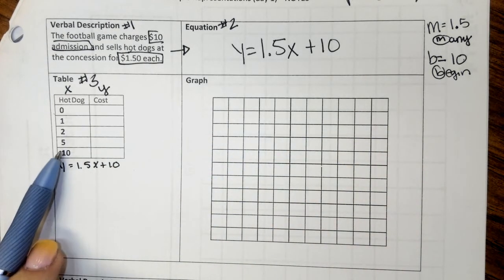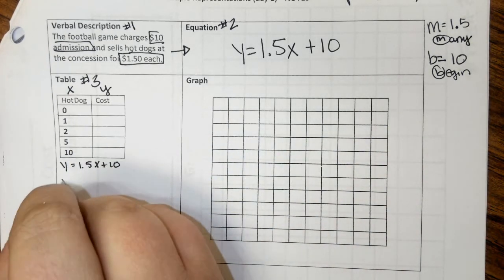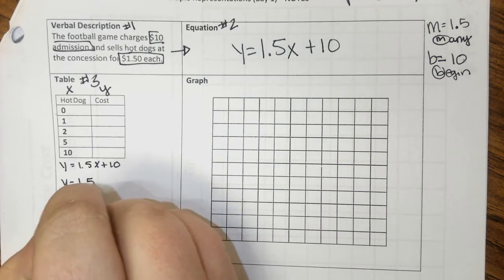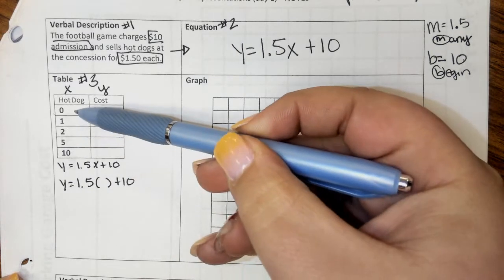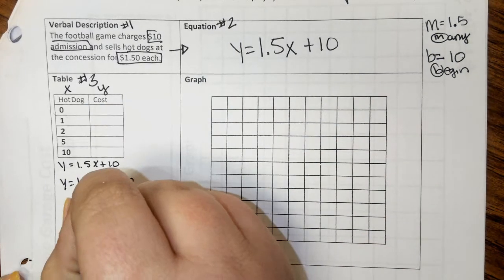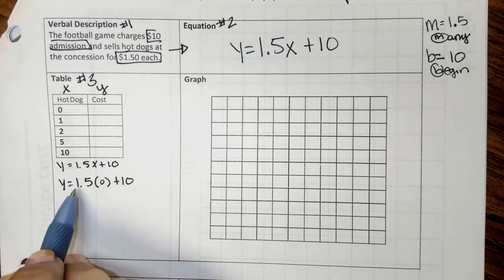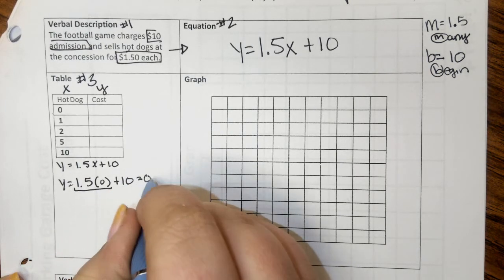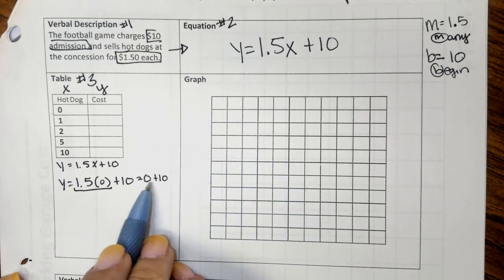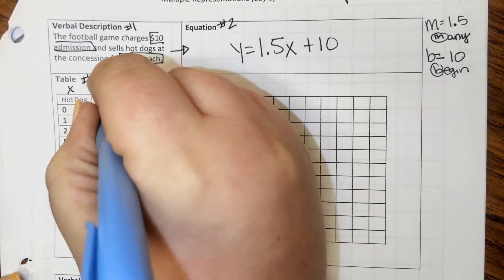But now we know some x values. So first I can say y equals 1.5x plus 10, but x is going to be 0. So I can put a 0 in place of x. Well, 1.5 times 0 is 0 plus 10. 0 plus 10 is 10.